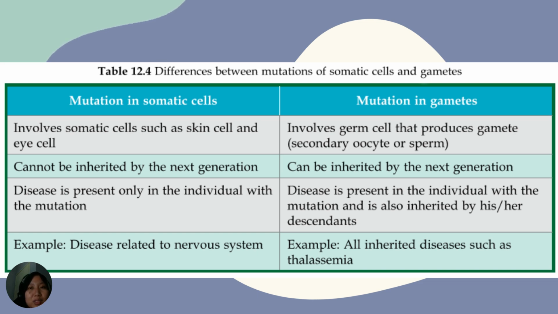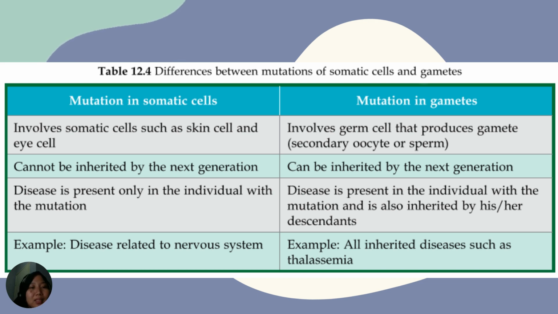But when we say mutation in gametes, it only involves germ cells, which will later produce gametes, the secondary oocyte and sperm. And a mutation of somatic cells cannot be inherited by the next generation. It cannot be passed down to the next generation. All right. The opposite for mutation in gametes: when it happens, it can be inherited and passed down to the next generations.